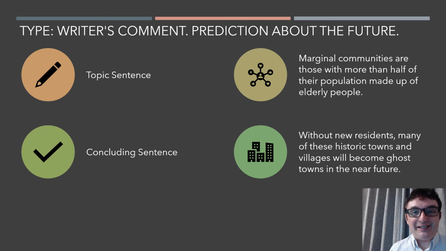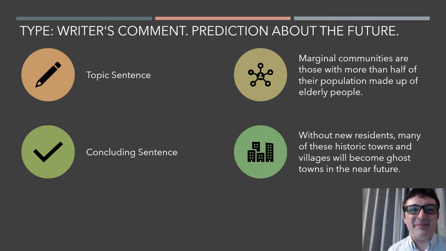And in the concluding sentence, the writer states, without new residents, many of these historic towns and villages will become ghost towns in the future. So the writer's opinion is that in the future, these towns will become ghost towns. That's a slightly different concluding sentence from the one before.